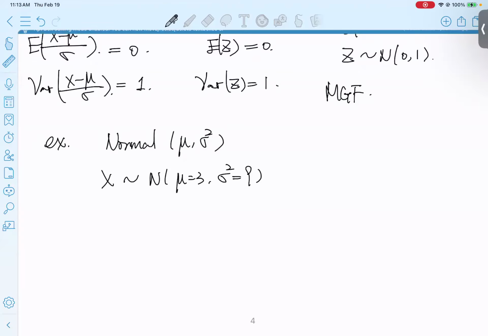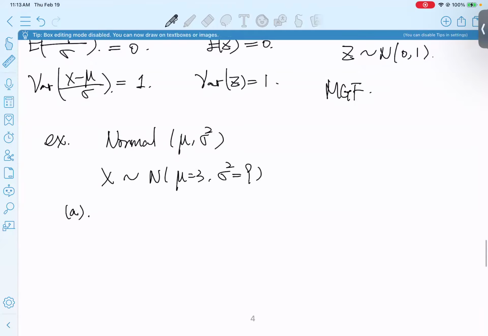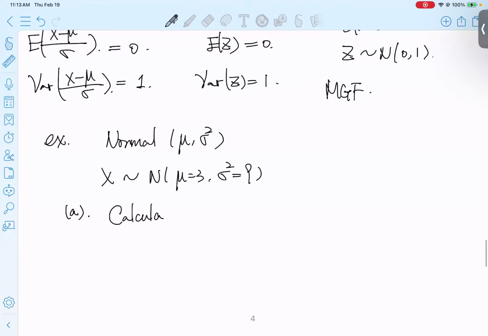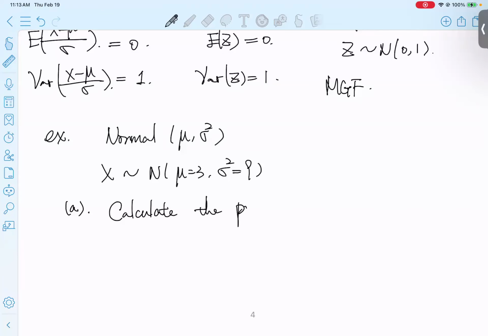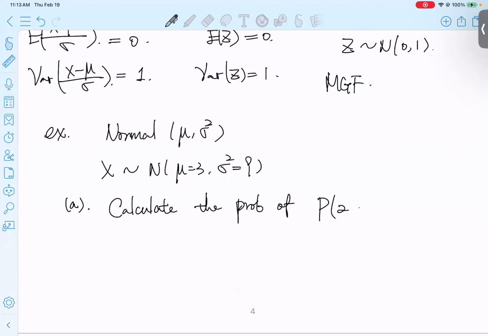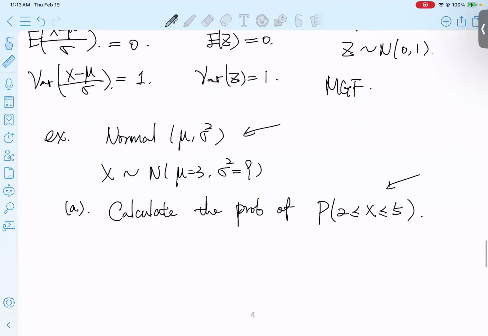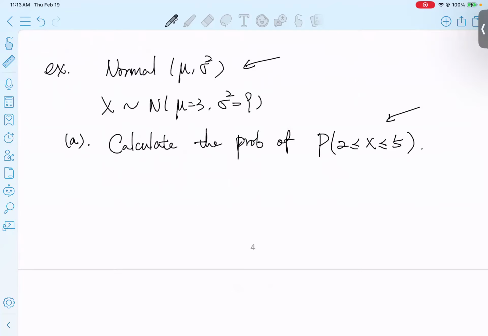Now the problem is asking you to calculate the probability of 2 less than X less than 5. You can either add the equal sign or not, it doesn't matter. You are given the normal, you need to calculate this by the normal, and this is the event you're interested in. Now let's see how we can handle this problem and how the transformation plays a role here.